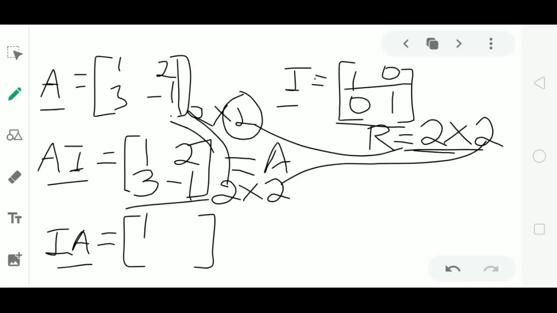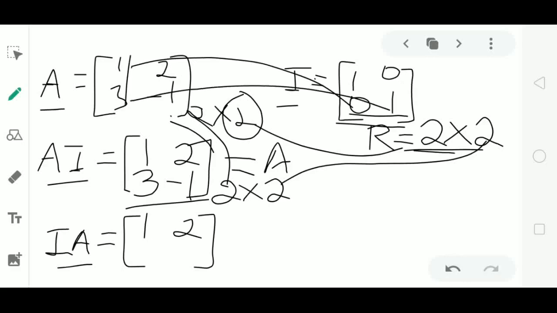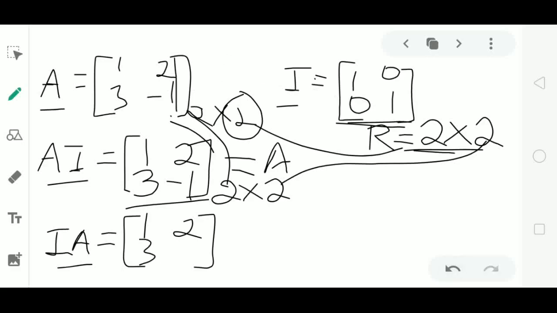First row, second column: 1 into 2 is 2, 0 into minus 1 is 0, 2 plus 0 is 2. Second row, first column: 0 into 1 is 0, 1 into 3 is 3, 0 plus 3 is 3. Second row of I, second column of A: 0 into 2 is 0, 1 into minus 1 is minus 1, 0 minus 1 is minus 1.